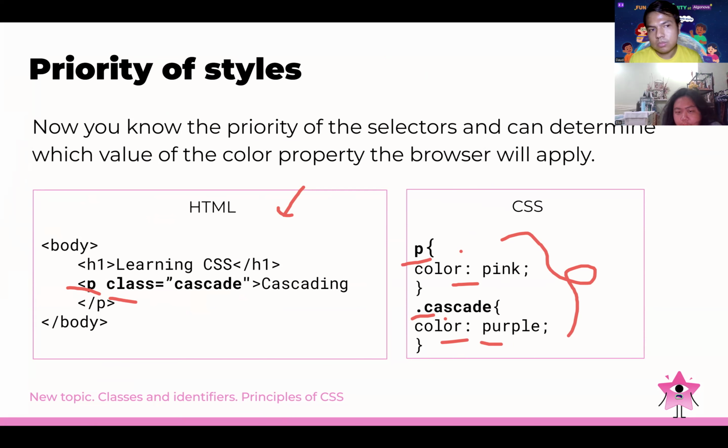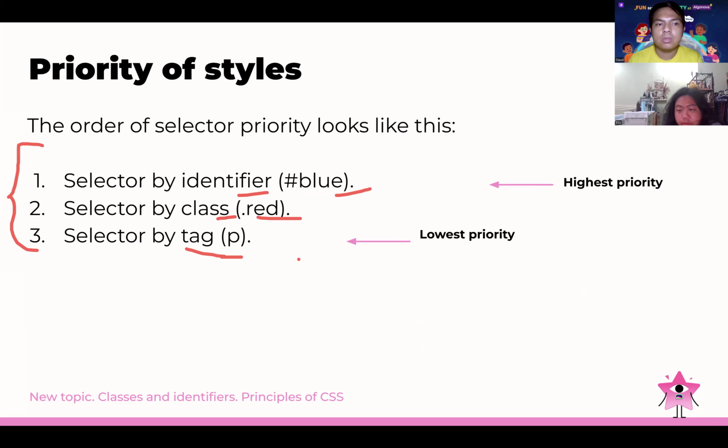The HTML tag is pink, then you change it with the cascade. So could it be ID, like hashtag cascade? This is the priority level.